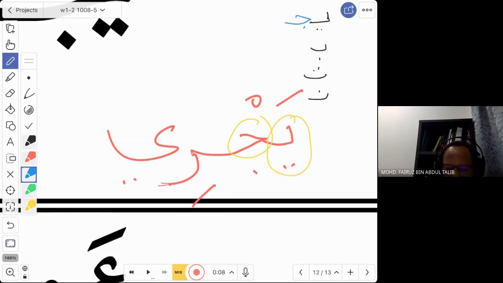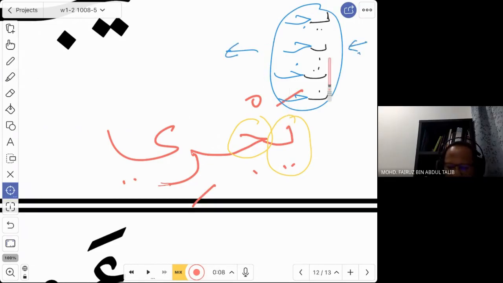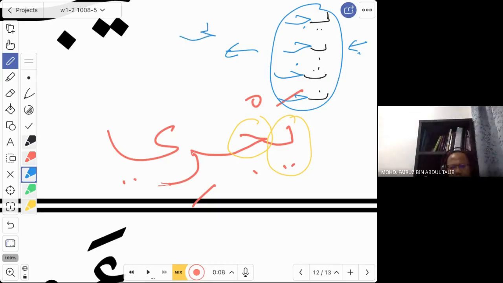It can be either the Jim, the Ha, or the Kha. If you have all these shapes, you can write normally like this. This is the normal way of writing the two letters, Ya and Jim, Ba and Ha, and so on. Or you can put the first letter above the second letter like this.